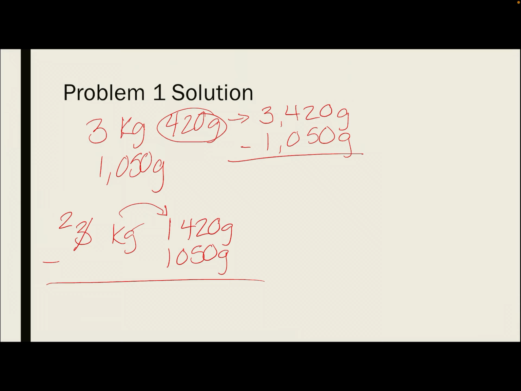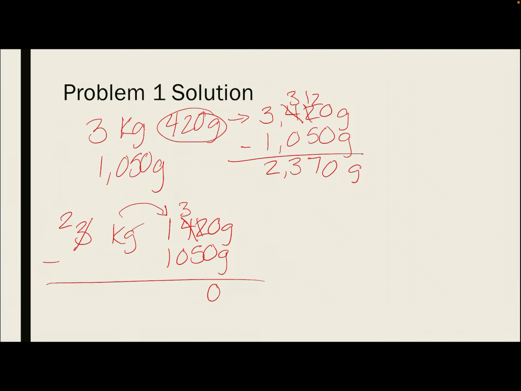So now for both these strategies, we can solve. For the top strategy here, 0 minus 0 is 0. 2 minus 5, we can't do that, so we have to regroup. 12 minus 5 is 7. 3 minus 0 is 3. 3 minus 1 is 2. So the onions are 2,370 grams. If we do the second strategy, we have 0 minus 0 is 0.